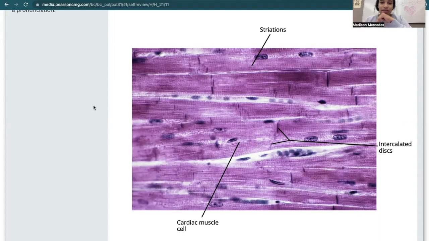This can cause things like skipped beats in the heart if it's not beating in the right manner, which can be very dangerous because the blood needs to flow together and at a regular rate.